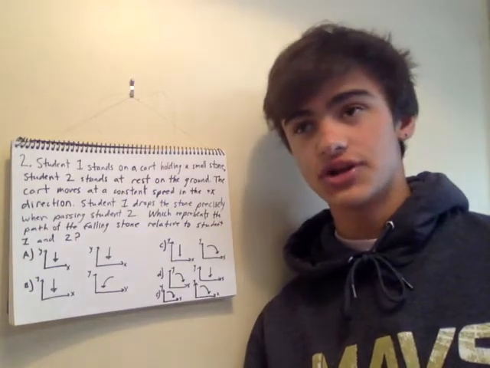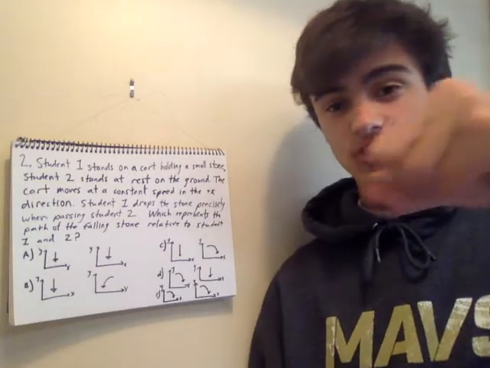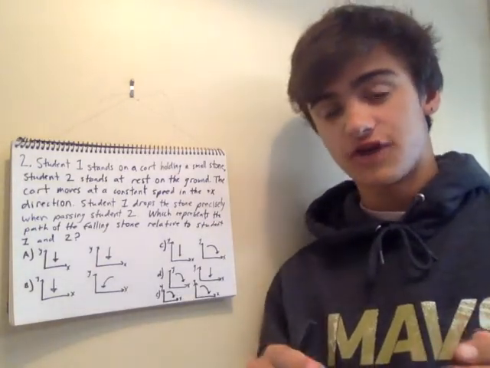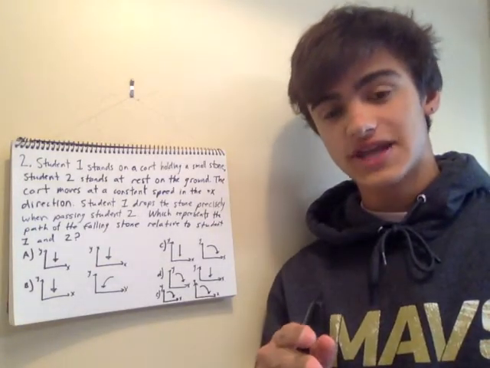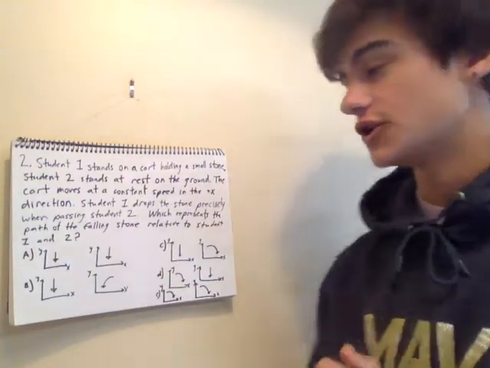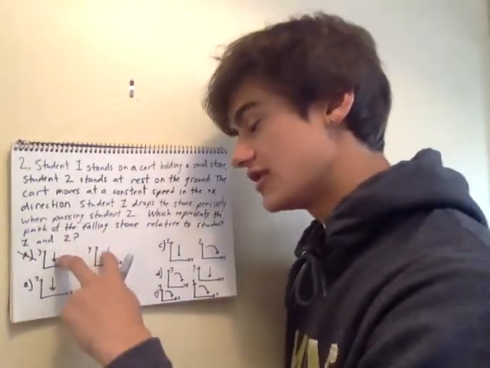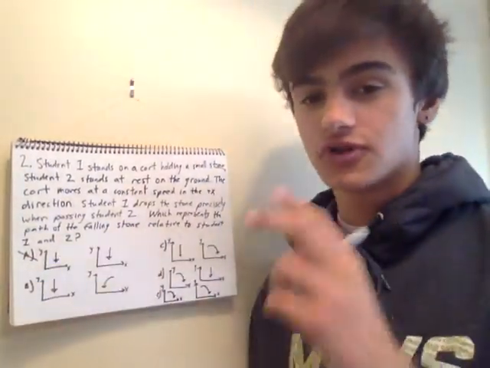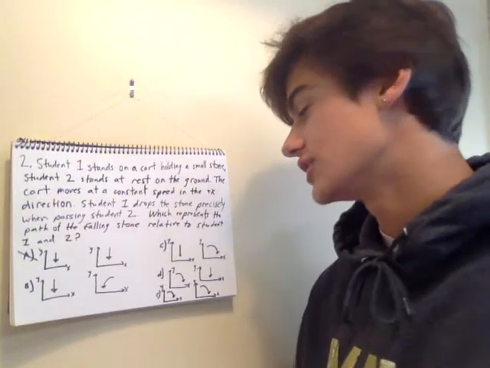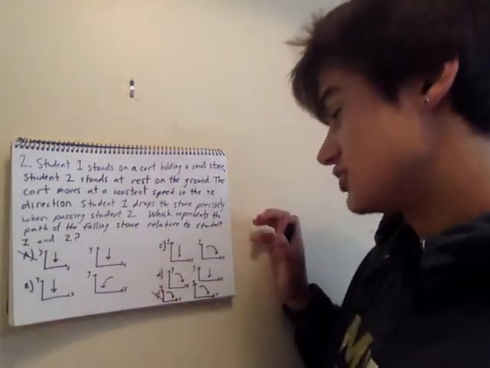So for student 1 as well as the rock, they're going to start with the same velocity, and when the rock is dropped, it's going to fall starting with the same initial velocity going forwards as student 1 is. So immediately we can get rid of A, because the rock falling is not going to look the same for student 1 and student 2. That also eliminates E because we know it's going to look different.